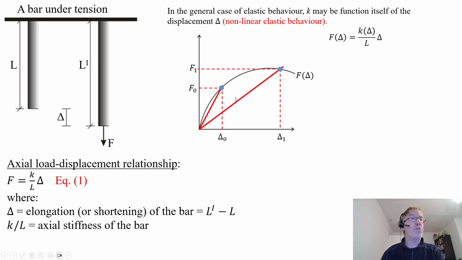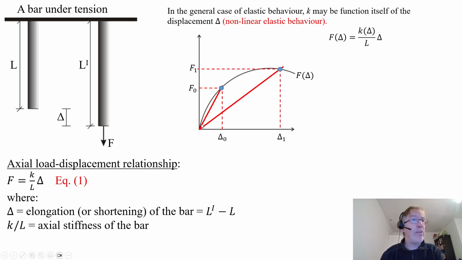So the assumption would be, if I apply a force, and you see here F0, delta 0, so that's the force that I've applied. And if I take the force off, it should go back to its original shape, original length.